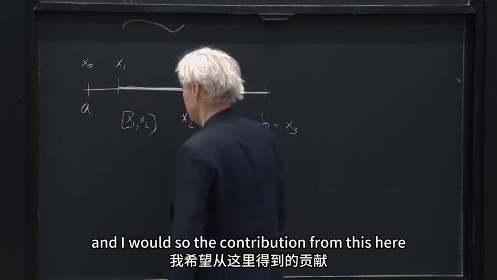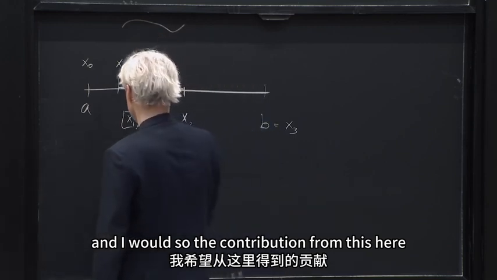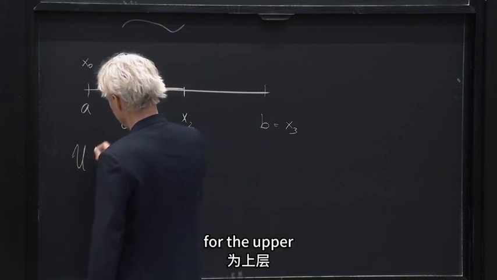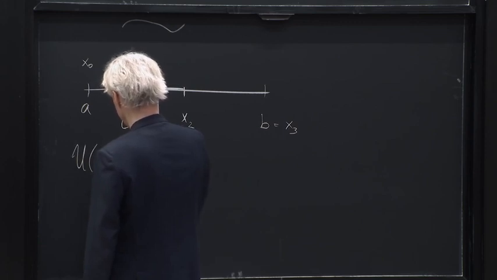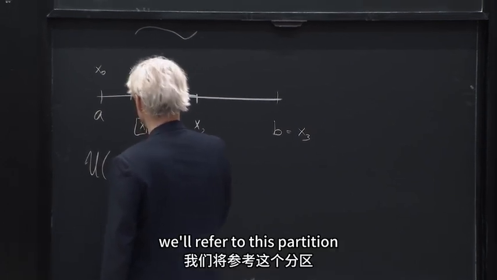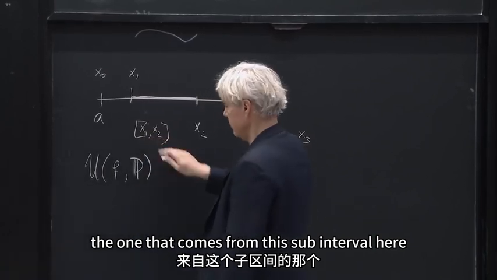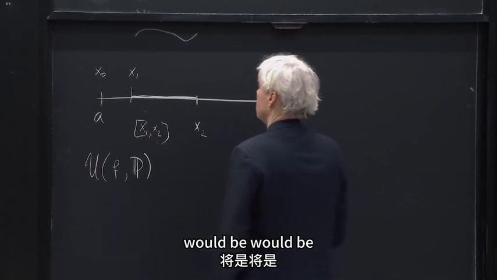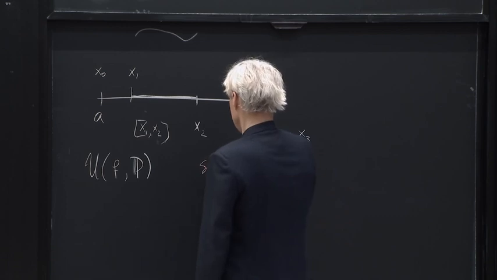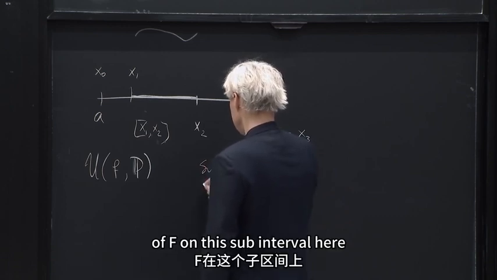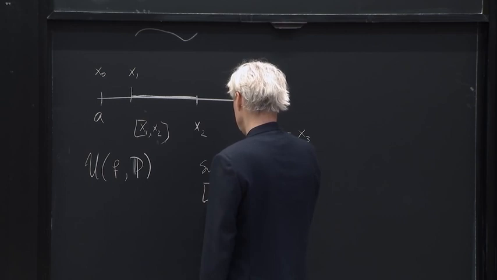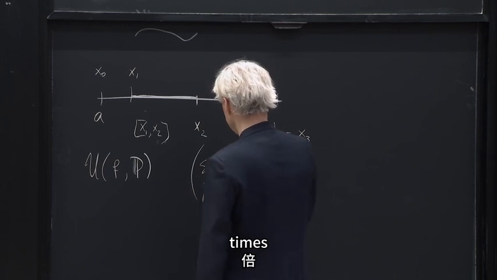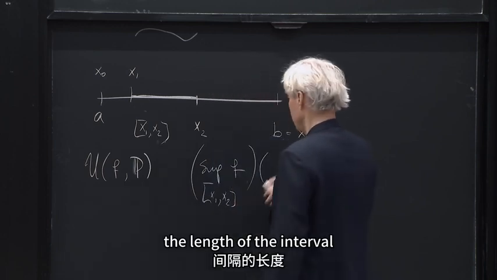And so the contribution from this here, for the upper sum with respect to this partition, the one that comes from this subinterval would be the sup of f on this subinterval, the sup of the function, times the length of the interval.